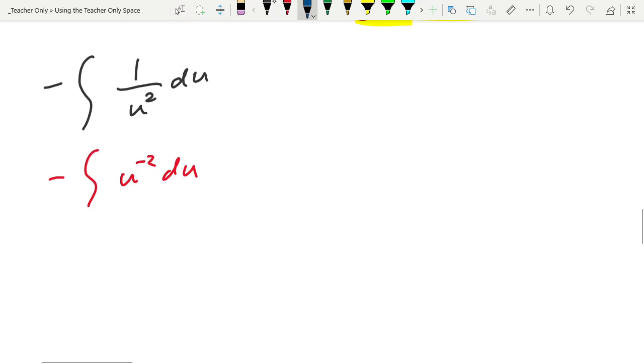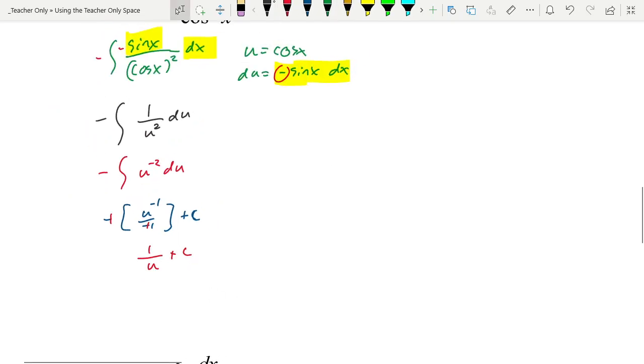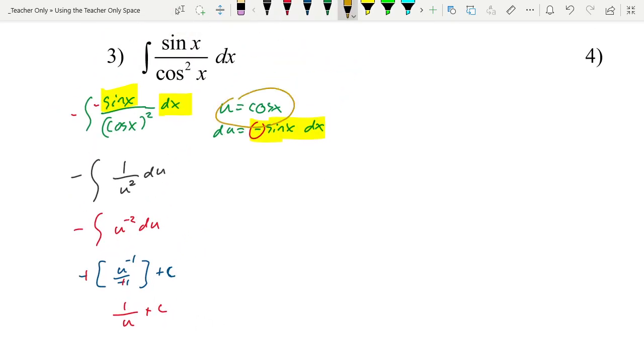We do our antiderivative. So this is going to end up being, we add 1, so this is u to the negative 1 divided by negative 1, which is really the same thing as multiplying by negative 1. So therefore, the negatives are just going to end up simplifying, leaving me with 1 over u plus c. And because I forgot, there we go, u is cosine.